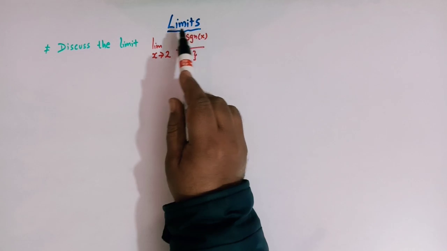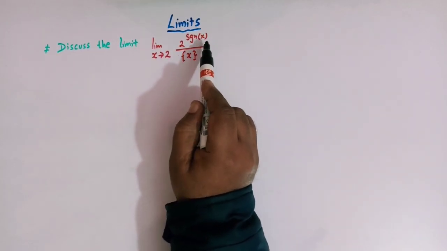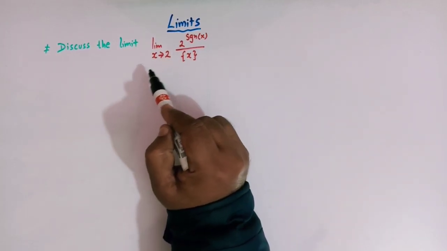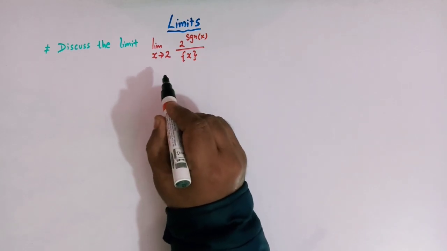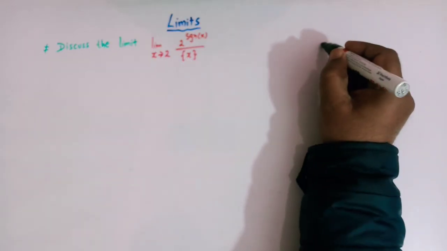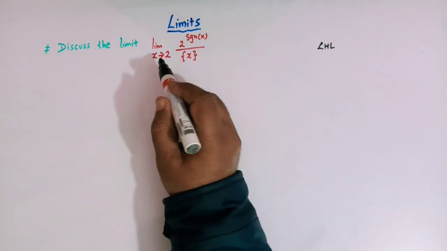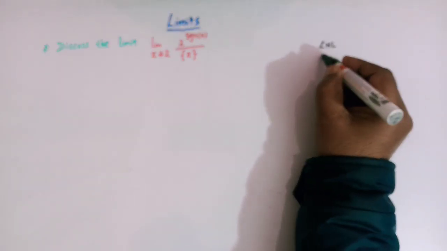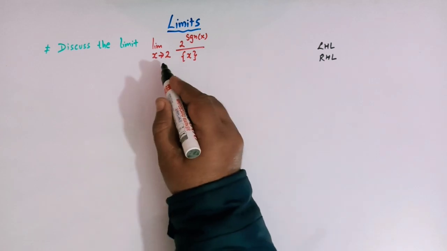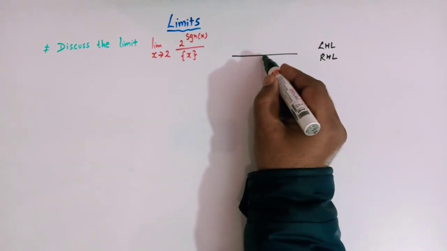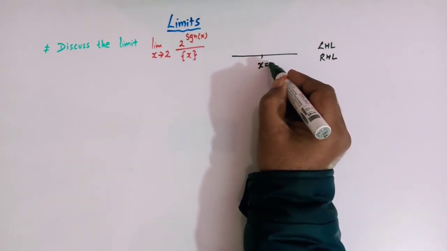Here we'll discuss whether this limit exists or not, and we'll find the left hand limit and the right hand limit of this function when x tends to 2.